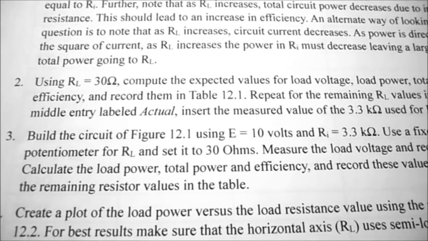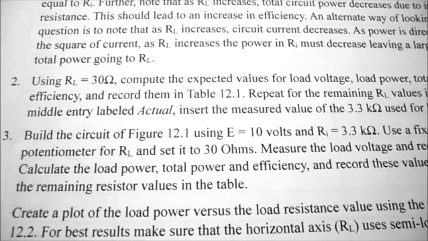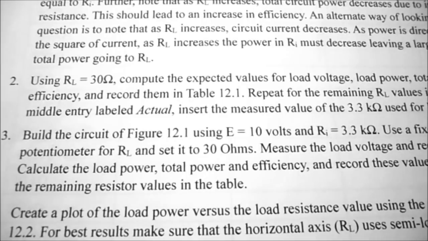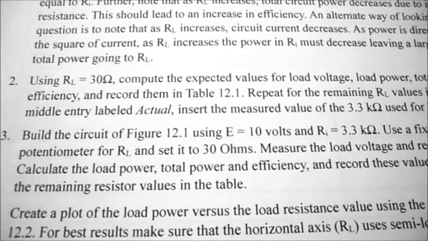Under procedure, step number 2, it says using RL equal to 30 ohms, compute the expected values for load voltage, load power, total power, and efficiency, and record them in table 12.1.